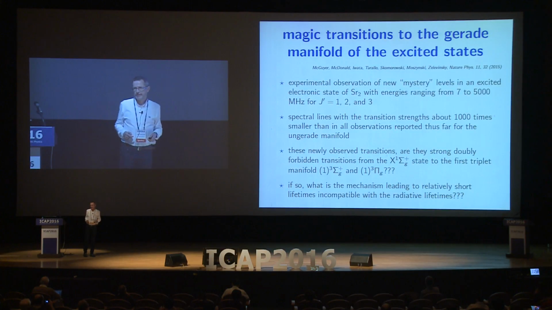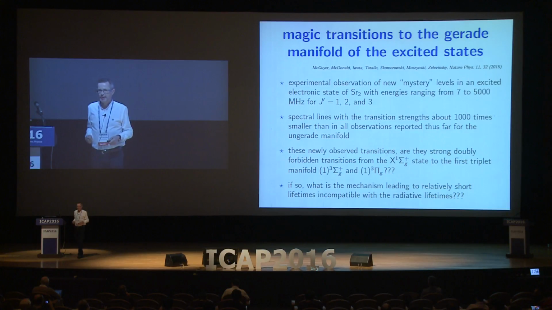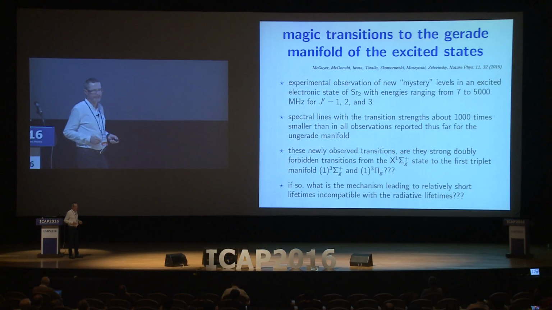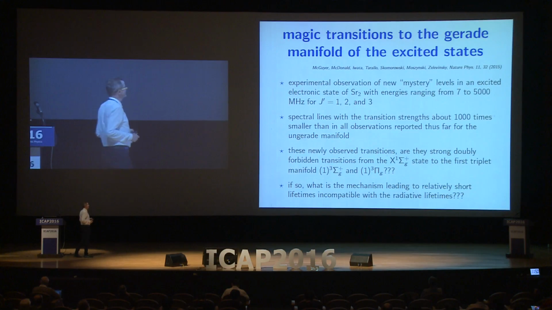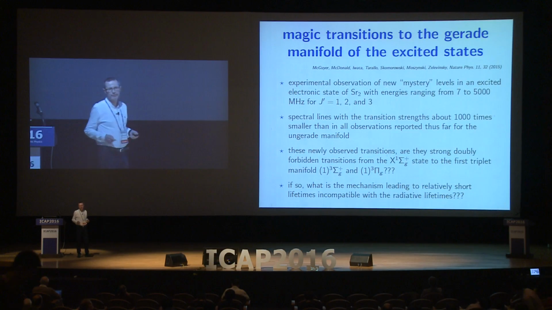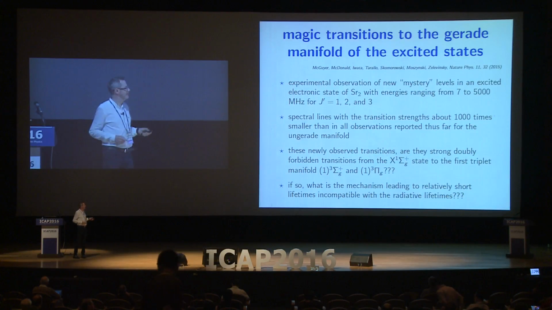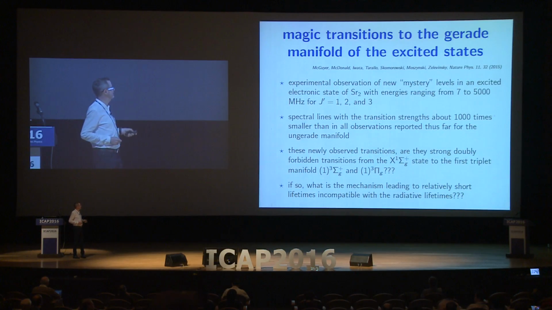Okay, and well, now comes the experiment. I was contacted by Tania Zalewiński in 2014, and they reported some new rovibrational levels in the energy range from 7 to 5,000 megahertz.